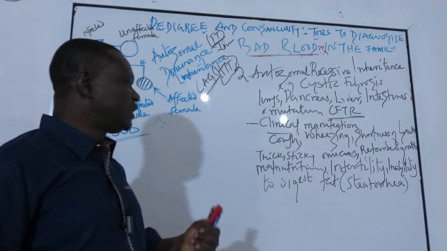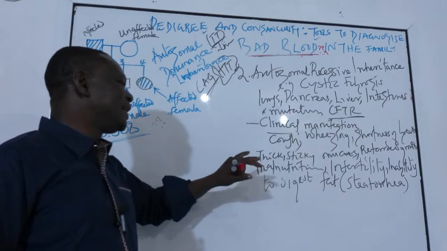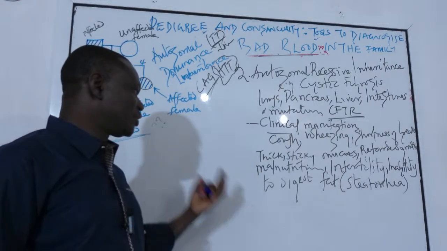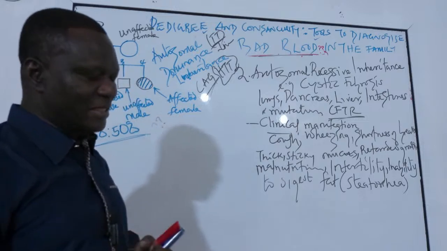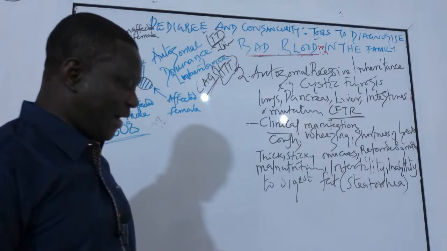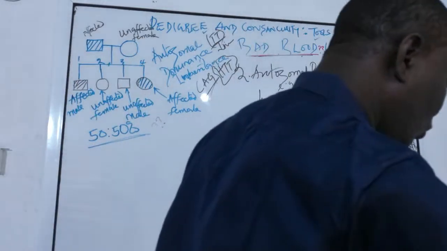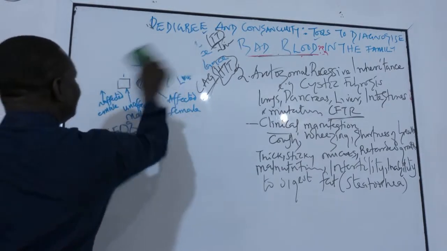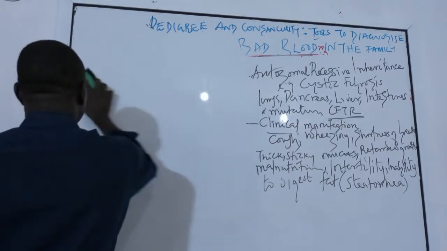The person will be wheezing. There will be shortness of breath. The person will start producing thick and very sticky mucus. The person will be retarded in terms of growth. Malnutrition will set in. The person will be infertile, and will not be able to process or metabolize fats, in a condition that is called steatorrhea.